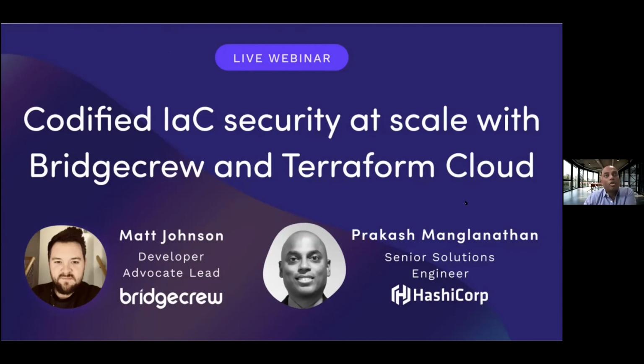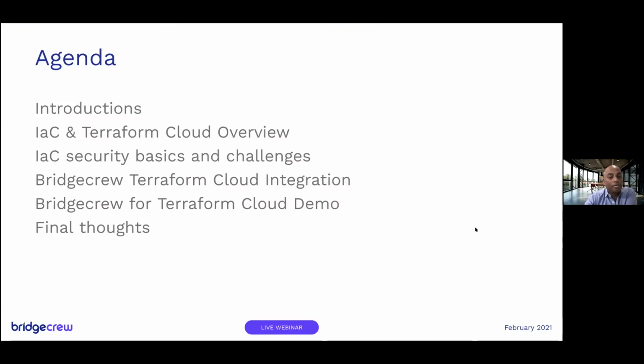So I'm going to start with a quick overview. The agenda right now is we're going to look at the cloud overview, high level. Many people already know about Terraform. We're going to talk a little bit about Terraform Cloud, some IaC infrastructure as code security challenges and what it entails.